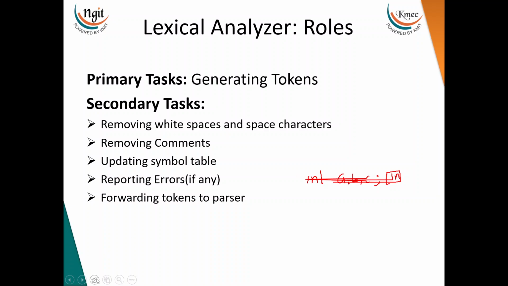So these space characters won't be treated as tokens. In int a, b, c, int is a token, a is a token, b is a token, and c is a token, but not the spaces, not the slash n, and not the comments.